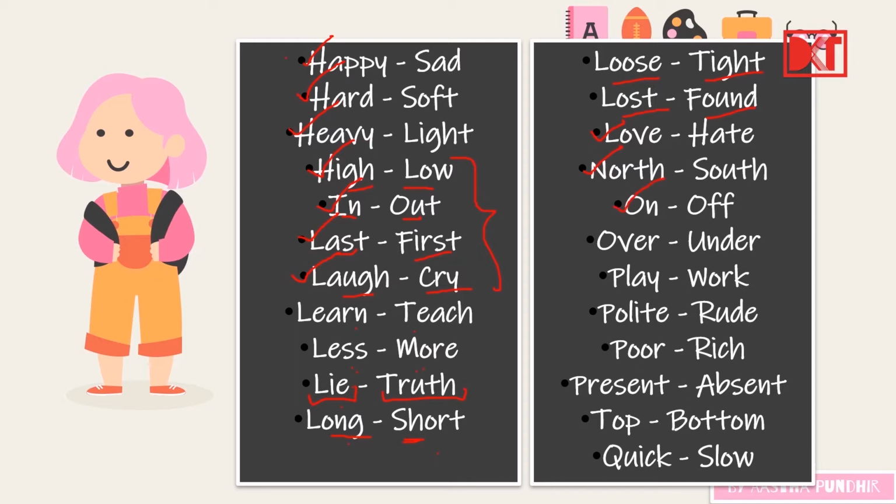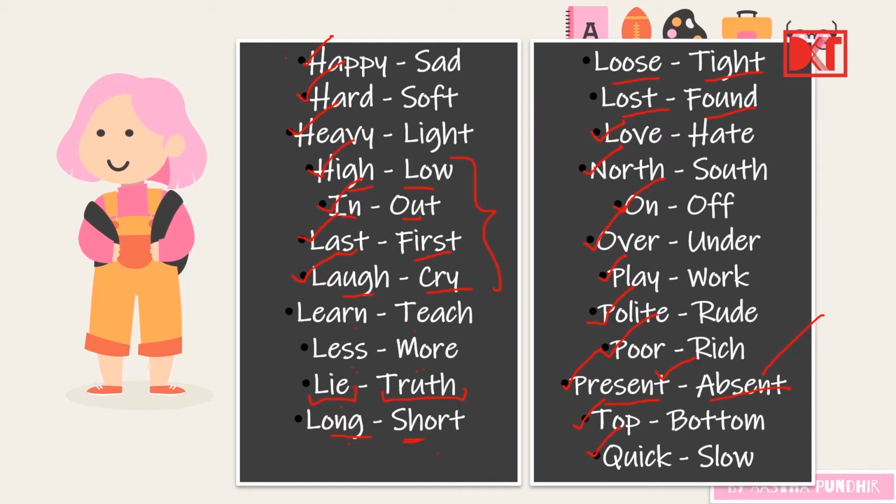On and off. Over and under. Play and work. Polite and rude. Poor and rich. Present and absent. When your teacher takes your attendance, you either say present ma'am when you're in the class, or you say, for somebody who's not there, you say absent ma'am. Right? Top and bottom, quick and slow.